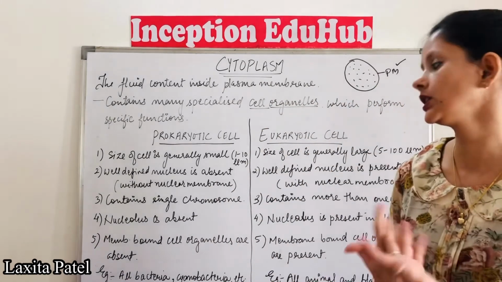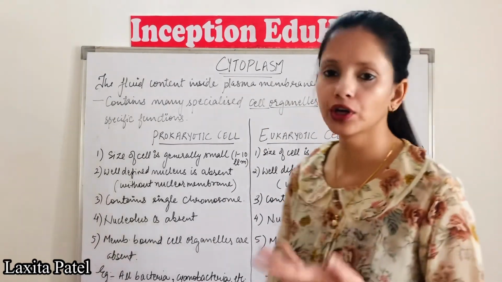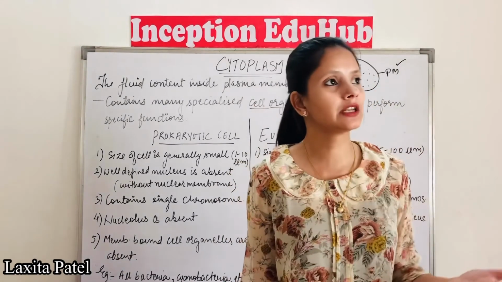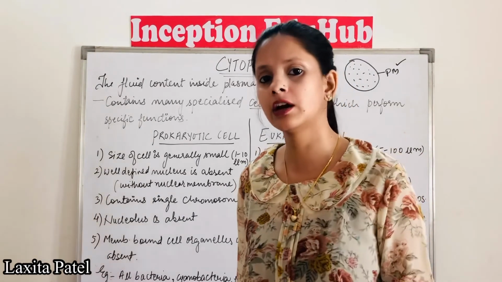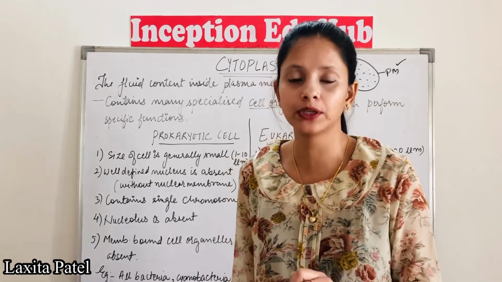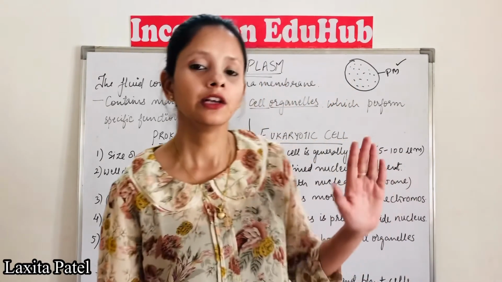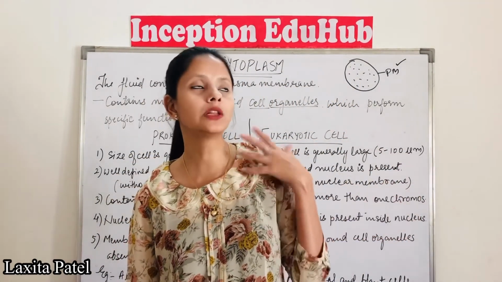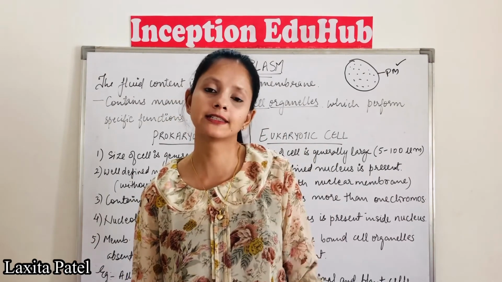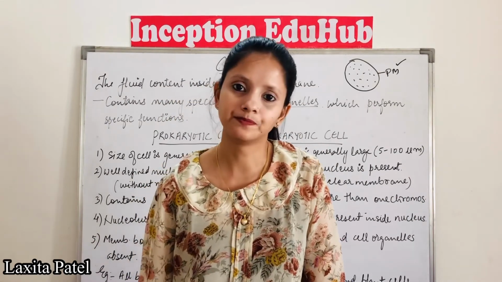I have also given a few examples. Prokaryotic cells include all the bacteria, archaebacteria, eubacteria, cyanobacteria as an example, because they all have simple machinery for themselves. On the other hand, eukaryotic examples are all the animal cells and plant cells. They all come under this category.